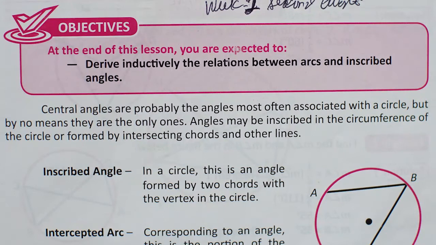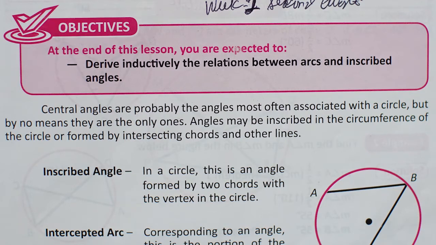Central angles are probably the angles most often associated with a circle, but by no means are they the only ones.